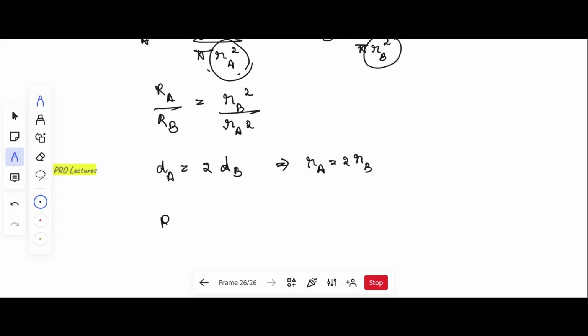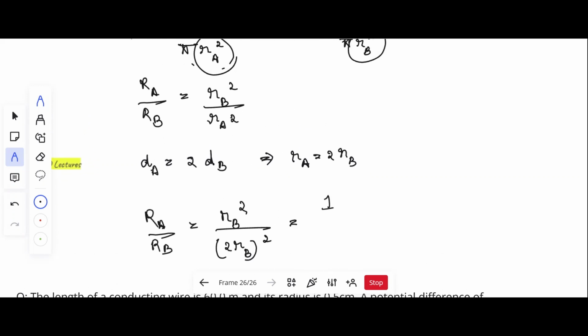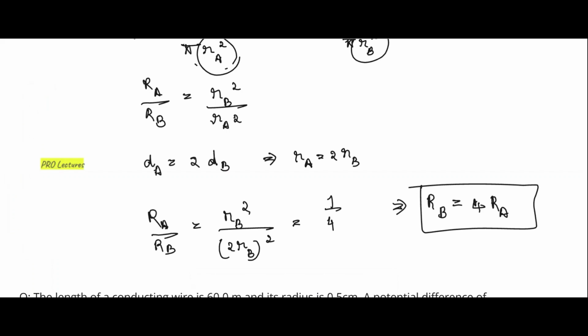Substituting this, RA by RB is equal to rB square divided by 2 times rB square, which is equal to 1 by 4. So we can write this as RB is equal to 4 times RA. So resistance of B will be 4 times the resistance of A.